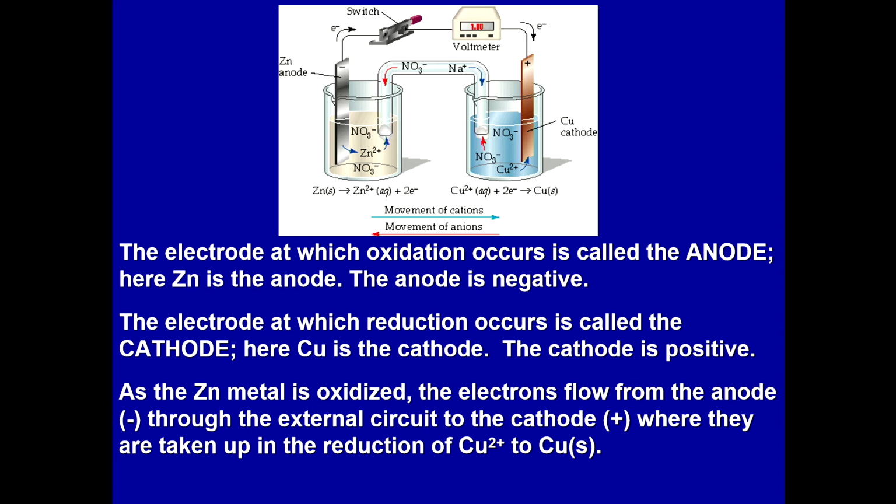The electrode at which oxidation occurs is called the anode. So here zinc is the anode, and the anode is negative. The copper side is called the cathode, and the cathode is positive.